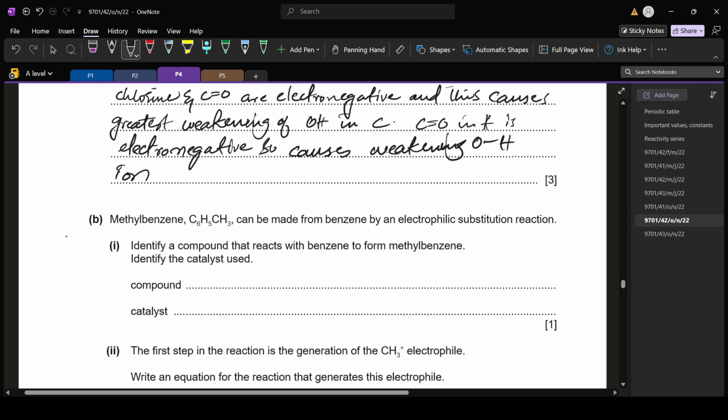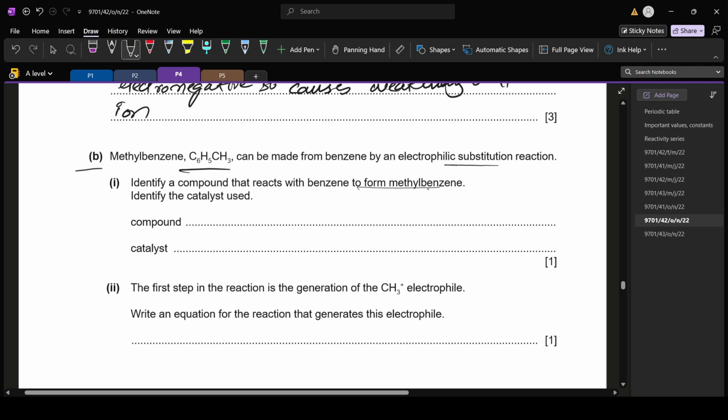Now moving towards next part B. Methyl benzene can be made from benzene by an electrophilic substitution reaction. Identify a compound that reacts with benzene to form a methyl benzene. So this is the methyl benzene, and to make methyl benzene from benzene, you react it with a halogenoalkane.